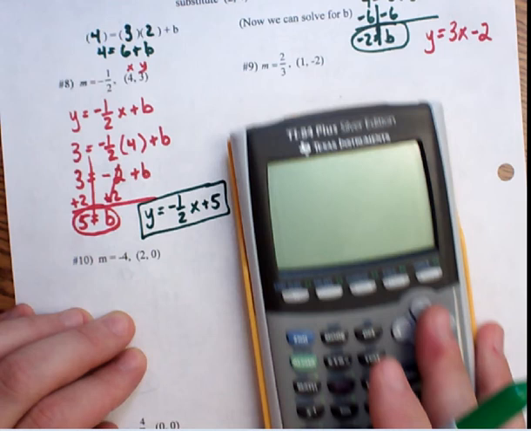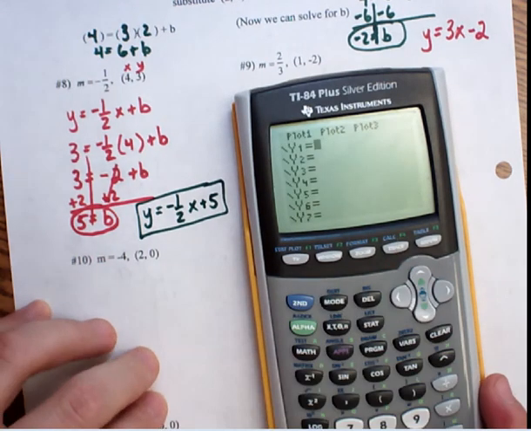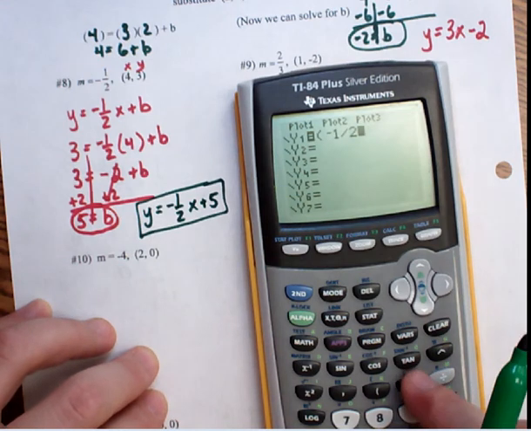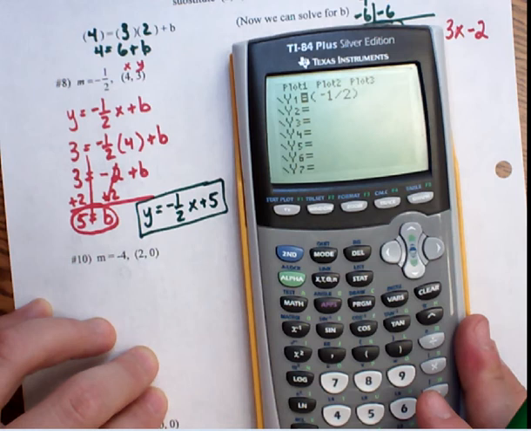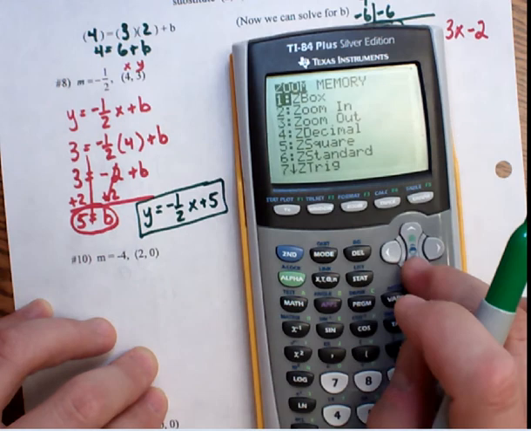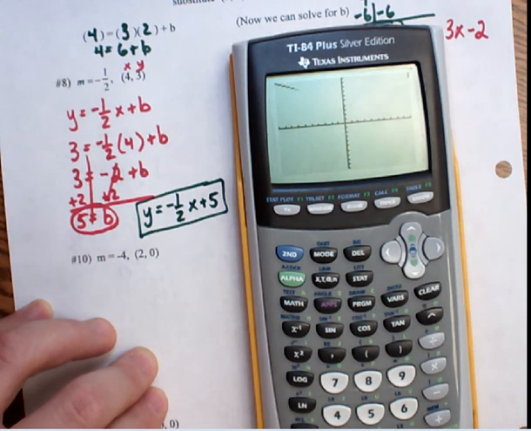Now I could check this if I want to. I can take the equation, and if I type negative 1/2 times x plus 5, Zoom, and I'll go down to number 6. Enter. So there's my graph.